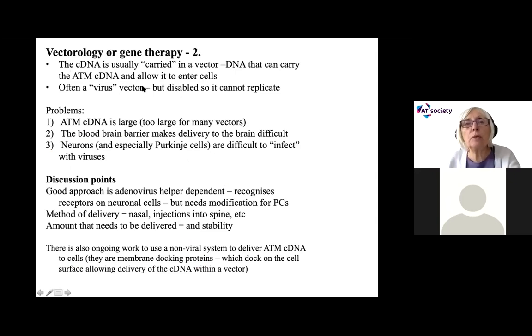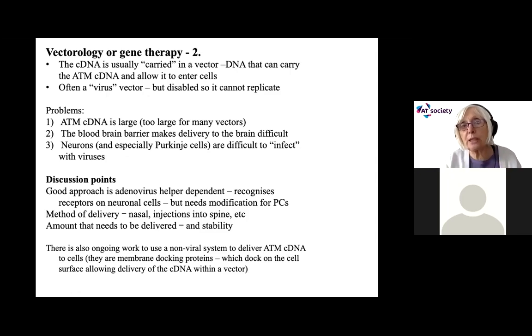Often in this type of approach, what you use is a virus vector. So basically, think of the coronavirus. It can get into cells. It recognizes what are called receptors, things on the surface of the cell, grabs onto them and uses that to get inside the cell.